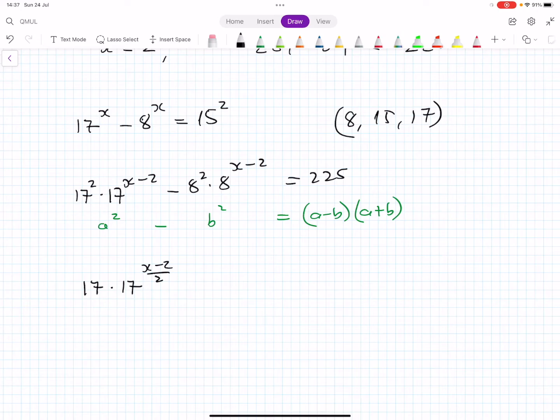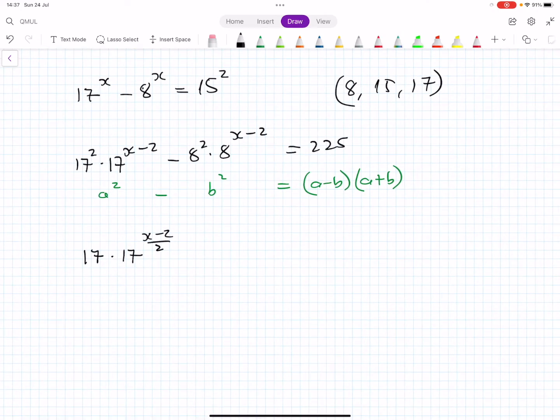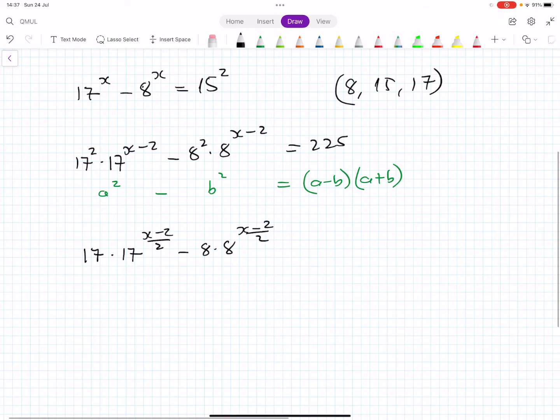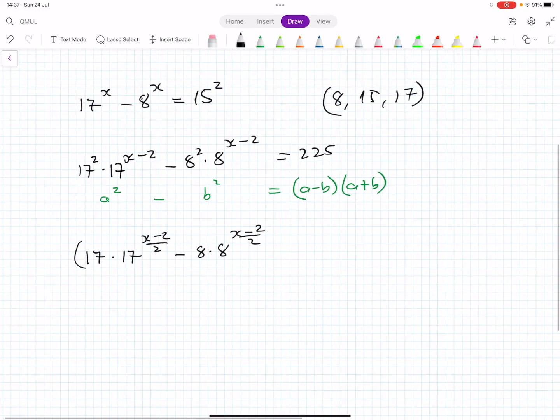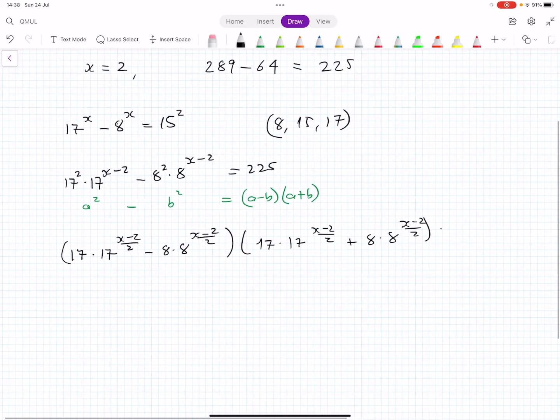That gives us a, and then b will be simply 8 times 8 to the power of (x minus 2) over 2. So this is our a minus b now. And a plus b will be 17 times 17 to the power of (x minus 2) over 2 plus 8 times 8 to the power of (x minus 2) over 2, and that's equal to 225.